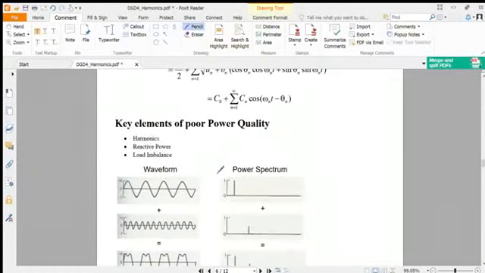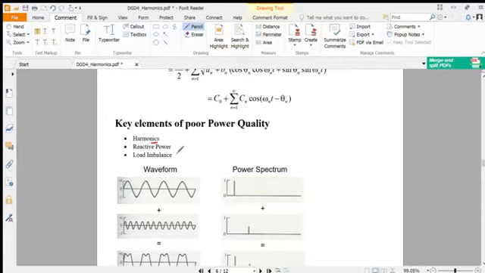And now I will discuss the key elements of poor power quality. There are three factors here. There are the harmonics, which can happen due to nonlinear loads, and the reactive power. It could be for the inductive load, because the inductive load current is lagging.